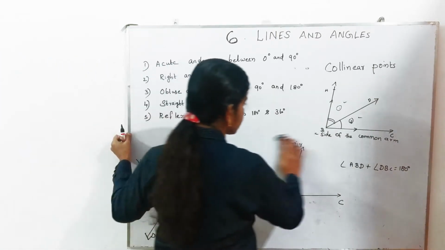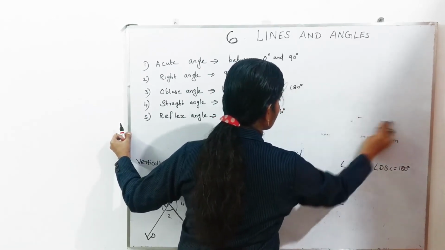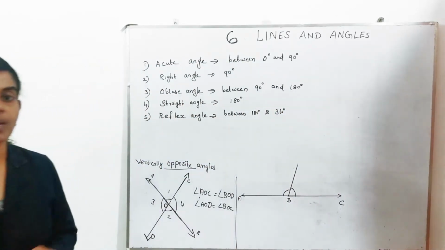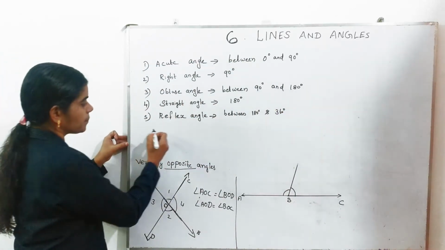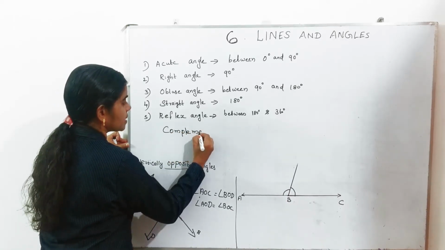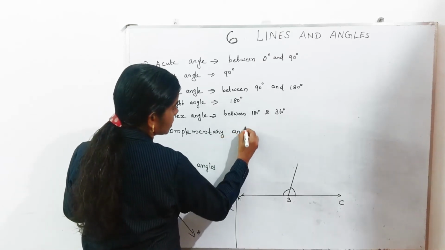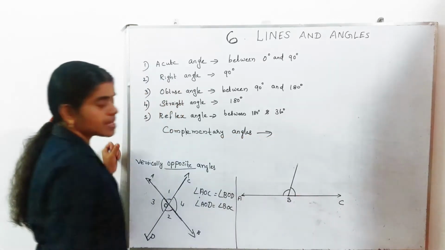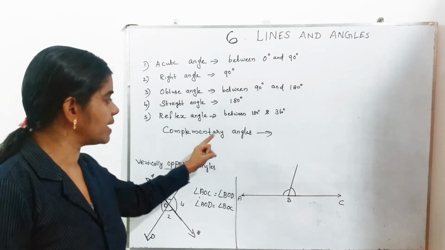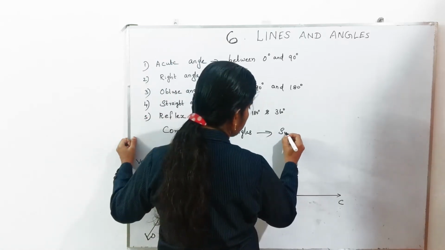And next I am saying another type of angles. What is meant by complementary angles? Complementary angles. The sum of two angles being 90 degrees is known as complementary angles.